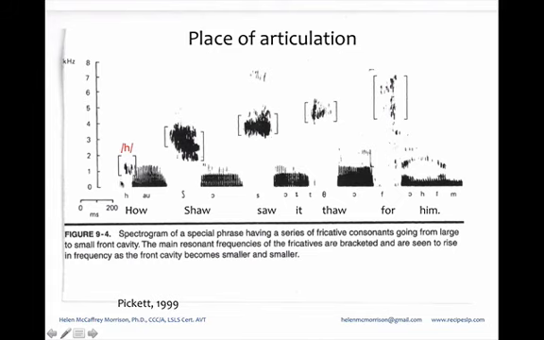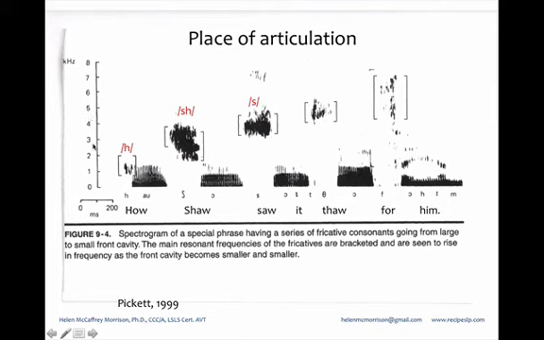So here we have the h, the constriction that's the farthest back in the mouth, moving to sh, the palatal position, from velar to palatal to alveolar. s, the greatest area of energy is moving up in frequency.